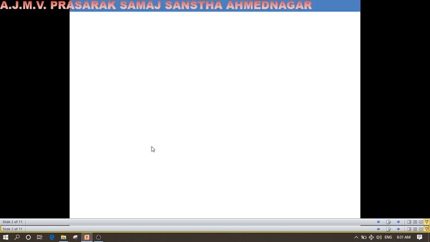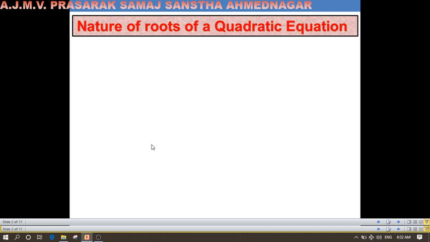Now today we are going to study nature of roots of quadratic equation. To study nature of roots of quadratic equation, we must know how to solve quadratic equation by using formula method.